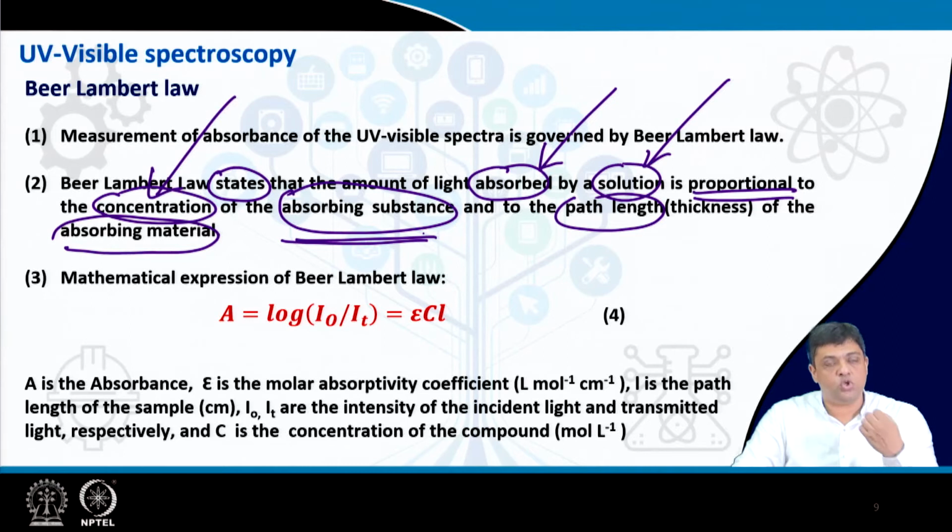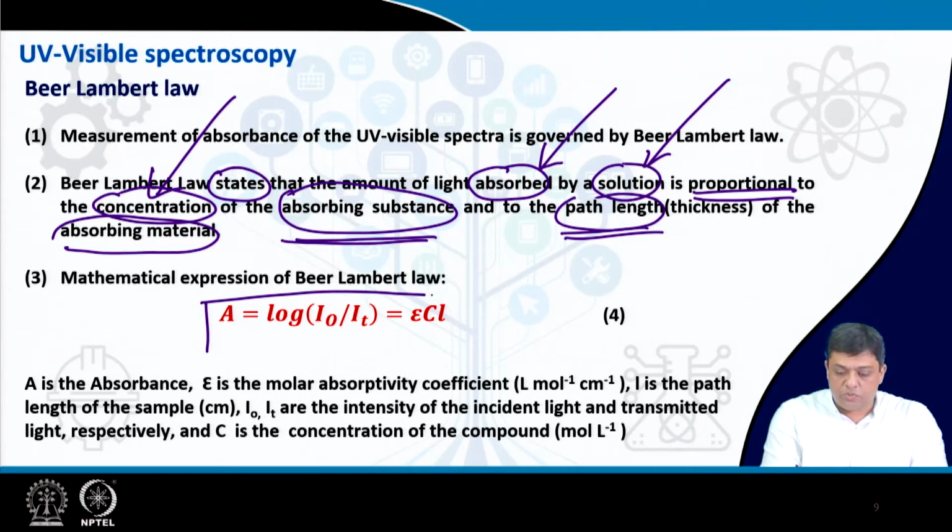So, concentration is the one thing which will decide what is the output, and the second is the path length or thickness of the absorbing material. So, what is the nature of the material, how thick that material is, will also define what would be the output you will obtain.